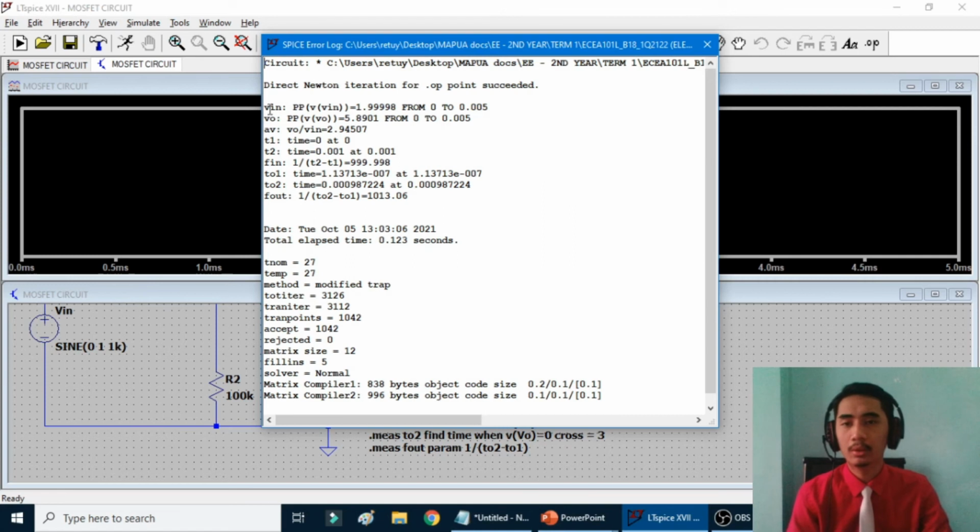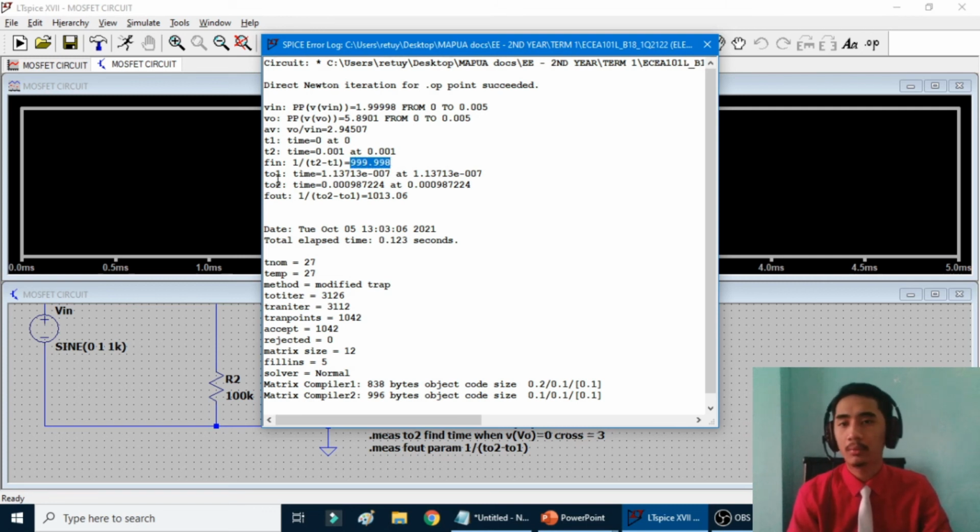So for our V in, we have 1.99. For our V out, we have 5.89. For our AV, we have 2.94, which is V out over V in. For our T1, we got 0. For T2, 0.001.